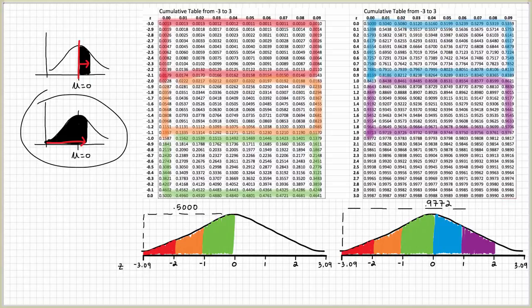All right, and then the yellow from 2 all the way to 3.09, that piece corresponds to that in the table. And from negative 3.09 all the way to 3.09, the area is going to be 0.9990. Not quite 1, but very close to 1.